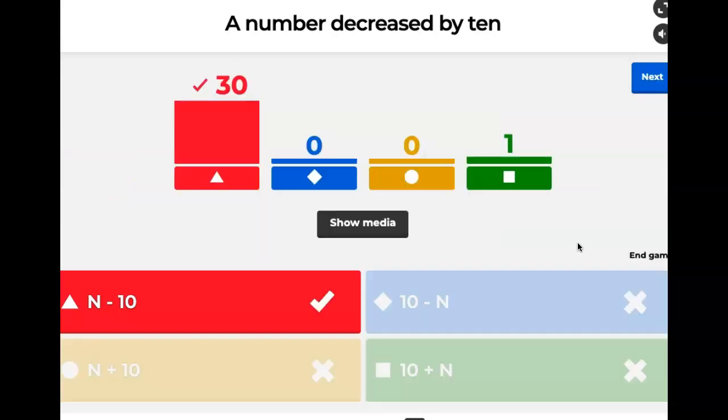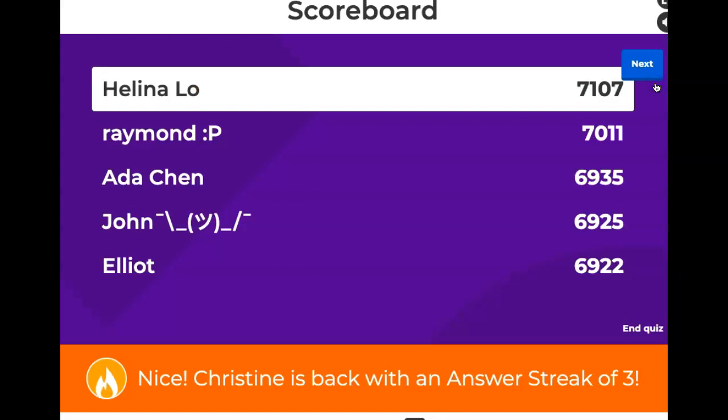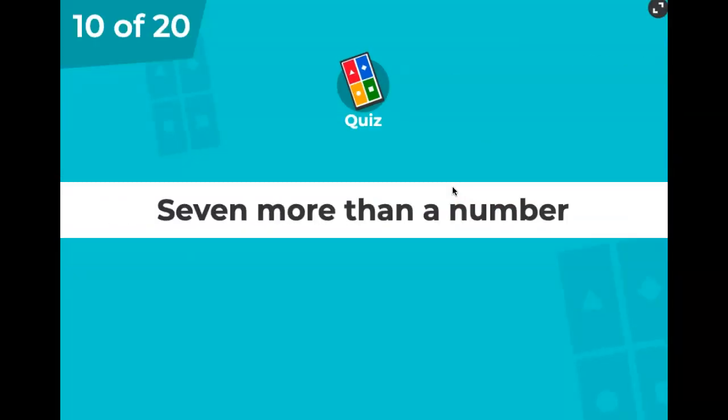All right. Wow. Everybody got it correct except for one. Decrease means minus. It's not addition. So a number decreased by 10, and it should not be blue because there's no comparison word that tells us. Nice job. Helena's still on the top. Raymond is still next. Next question.